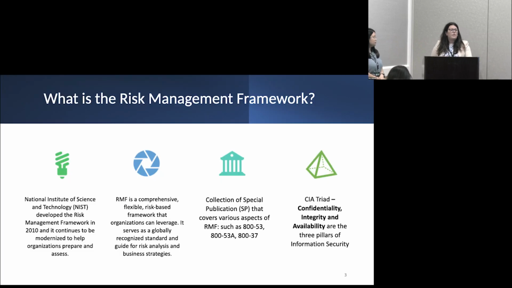Today, Cherie and I are going to provide a brief introduction on what RMF is and describe the current challenges within RMF. Our modernized approach is driven by understanding the negative outcomes to an organization that can affect confidentiality, integrity, and availability, then prioritizing the application of security controls to prevent and mitigate those outcomes.